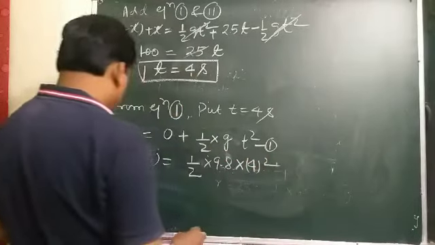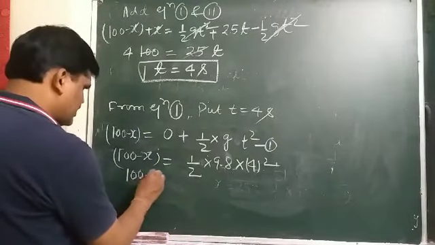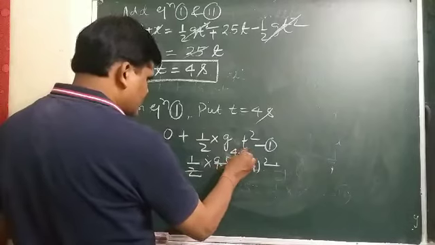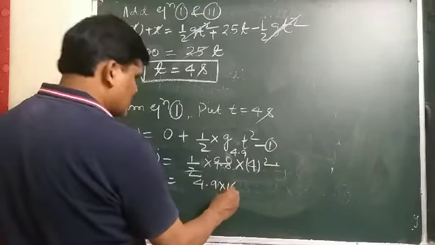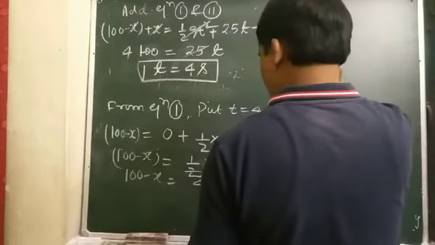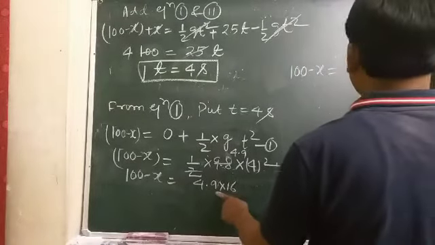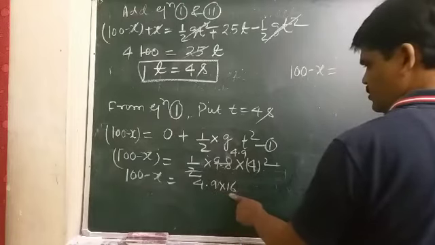Clear? So 100 minus x equals 4.9 into 16.